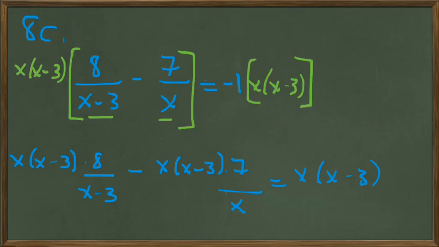Okay, so first notice that when we multiply out the left side, we distribute the x times x minus 3 across both of these terms. And then in the first term on the left, we cancel the x minus 3. On the second term on the left, we cancel the x.